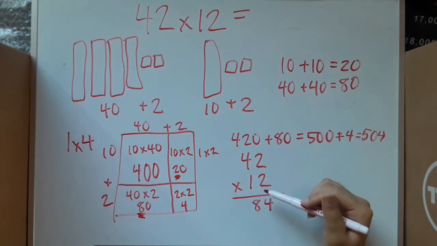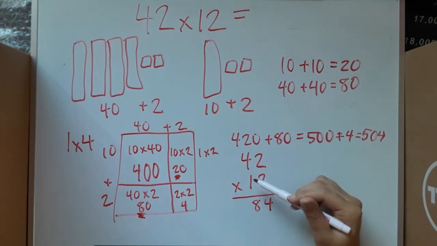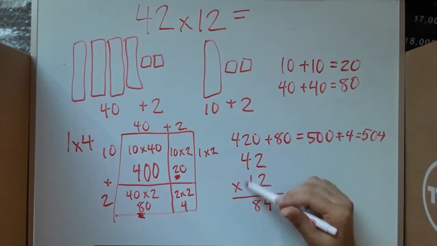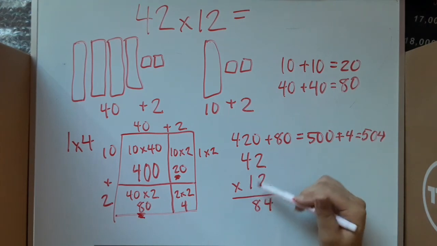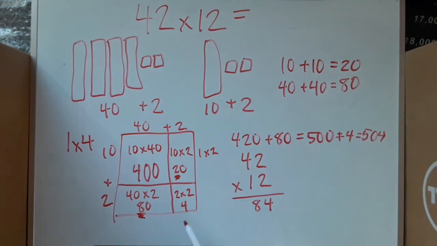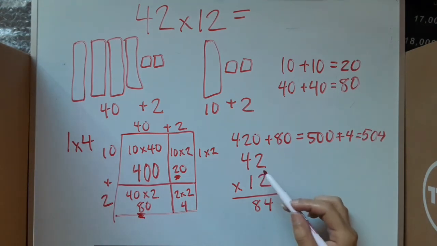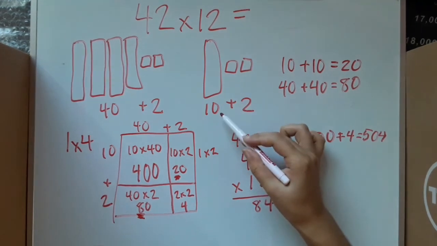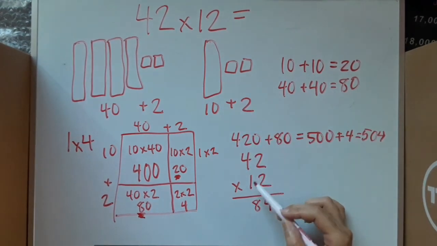Now, we have to move on to multiplying by this 1. However, this 1 is in the tens place, so we can't just keep adding numbers onto this side. If we want to break down this problem to make it easier to look at, we can do 42 times 10 and 42 times 2.